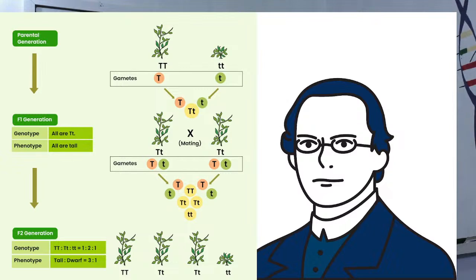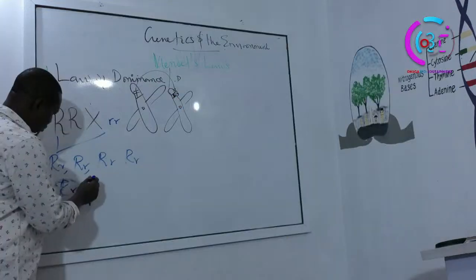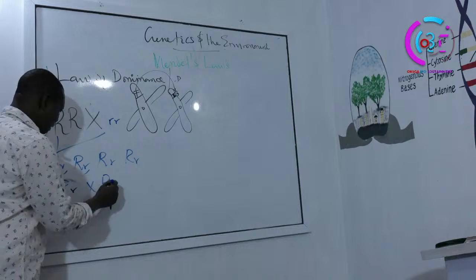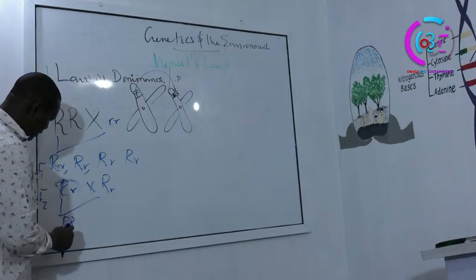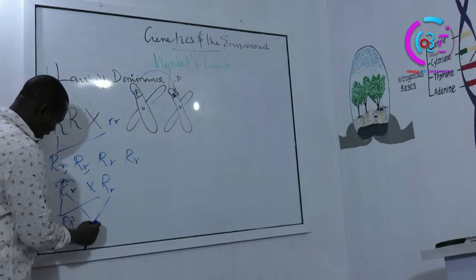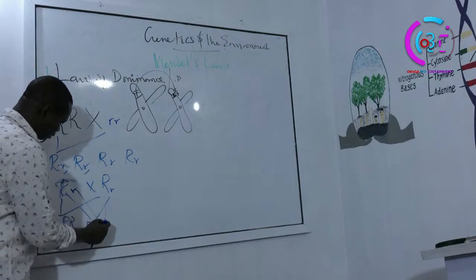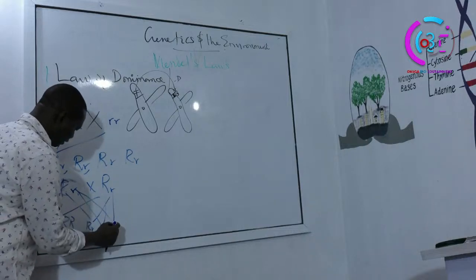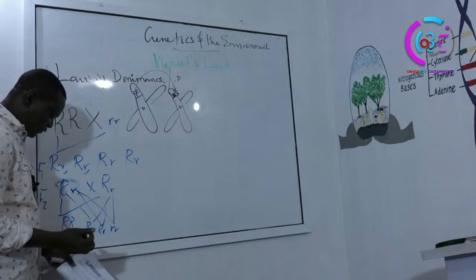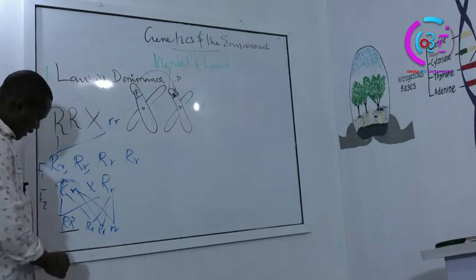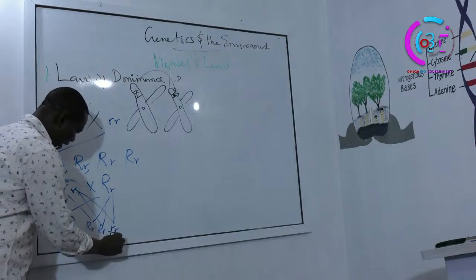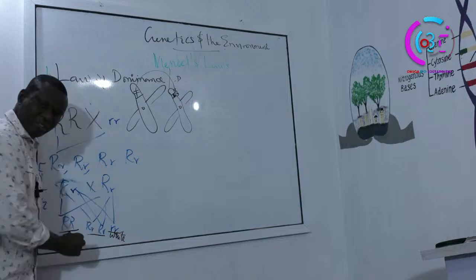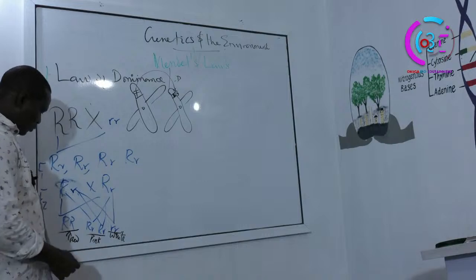That is, you cross capital R small r with capital R small r, so you get RR, Rr, Rr, and rr. The phenotypes will be red, white, and pink.